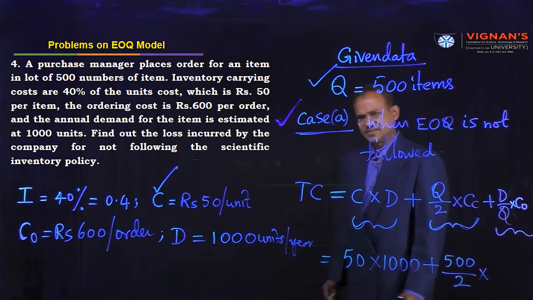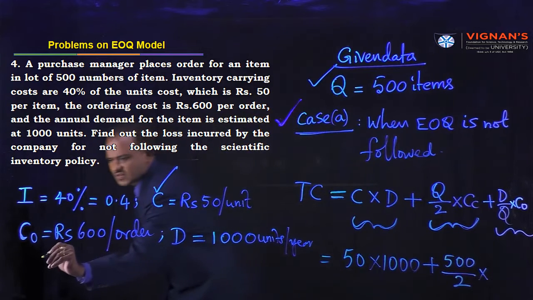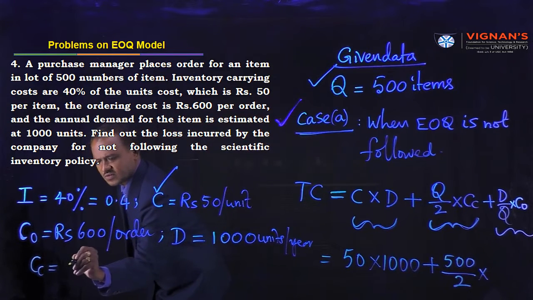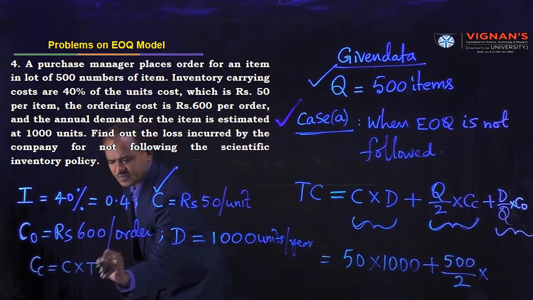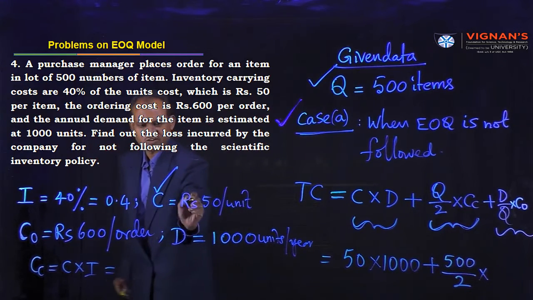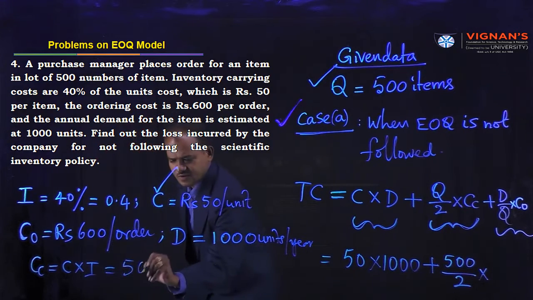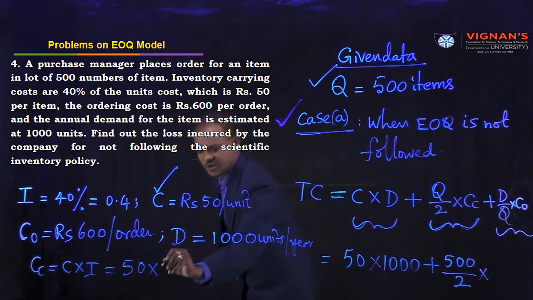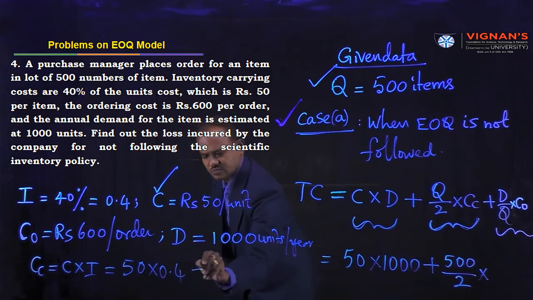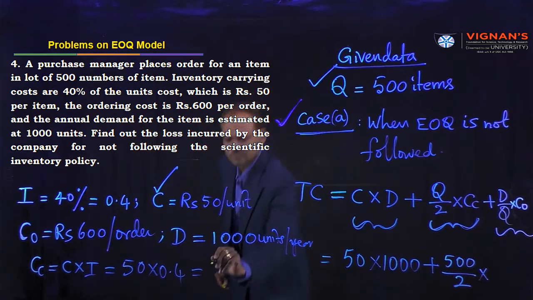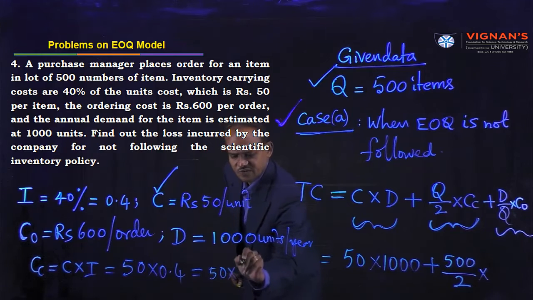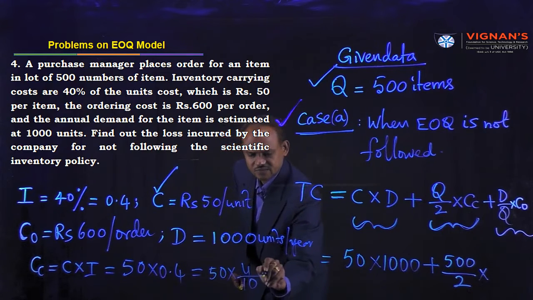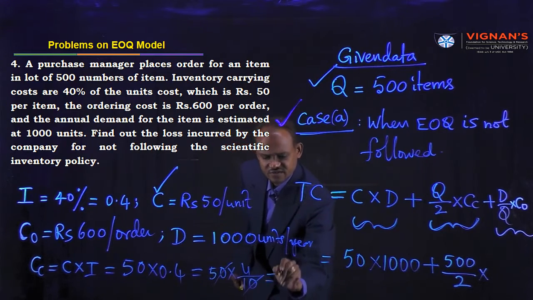How to calculate CC? CC is equal to C into I. C means cost per unit 50 into I means 0.4. 50 into 0.4 means 4 by 10, 0 0 cancelled.